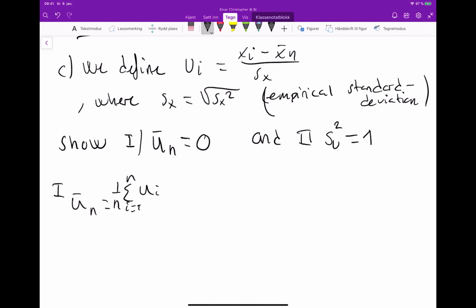But now instead of writing ui, we can replace it and write this as 1 divided on n, sum i equal 1 to n, xi minus x bar n divided on the standard deviation of x, like this.